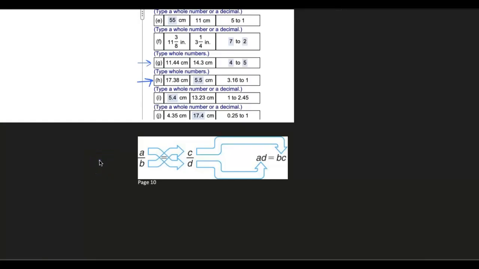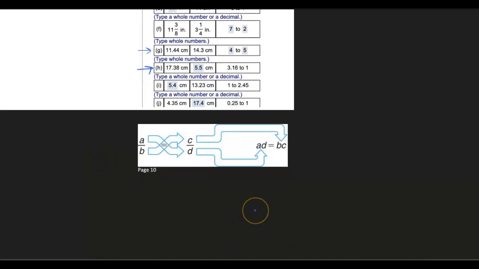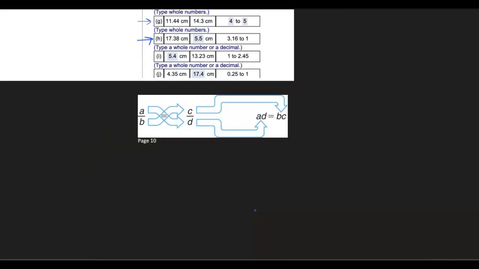While we're here and we're talking about decimals, I want to look at least one additional part of this problem. So let's look at part H, and we're given these values, and what we're looking for is this one that's been highlighted here. And what we could do is actually use something a little bit further in the lesson, and that's creating a proportion.